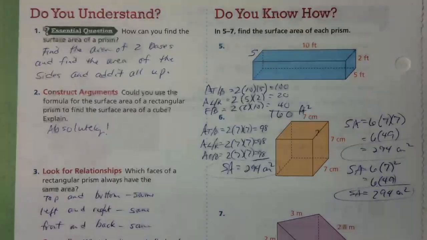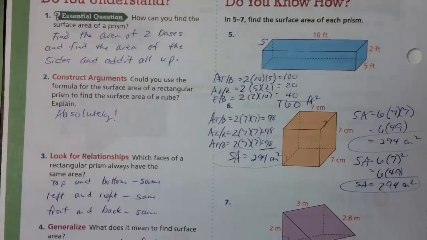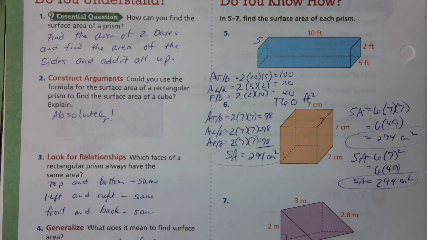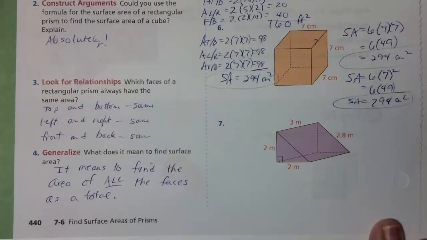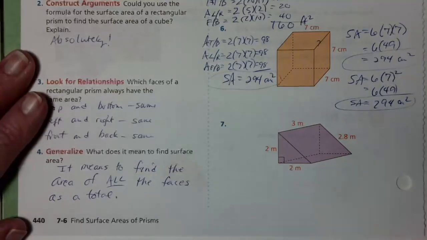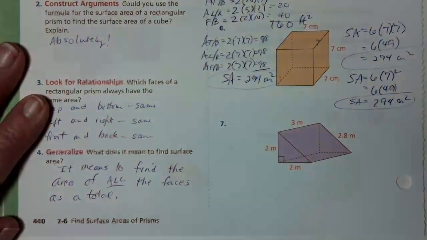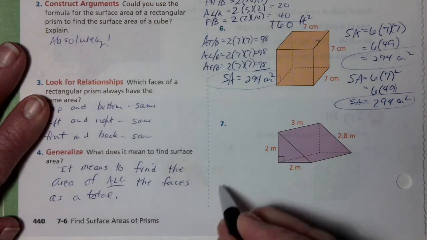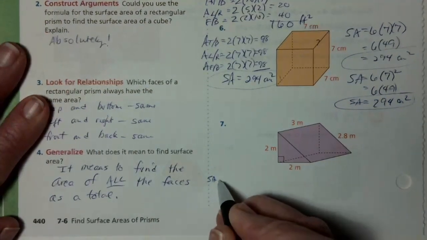Okay, let's look at number 7. So far, all we've needed to know is how to find the area of a rectangle. Well, now we've got to remember triangles also. I'm going to do it the same way, kind of like this, but I'm going to do the surface area of the triangles.